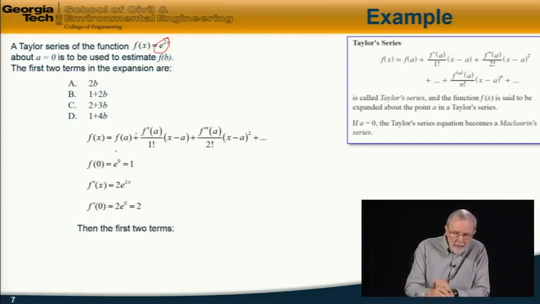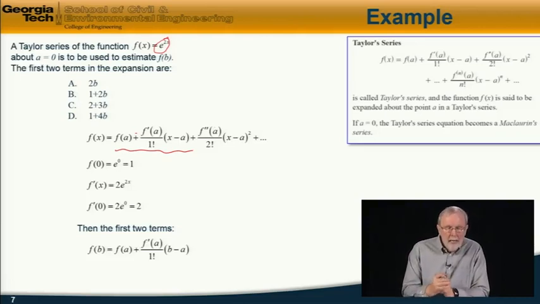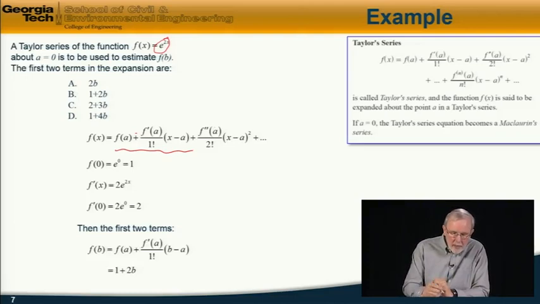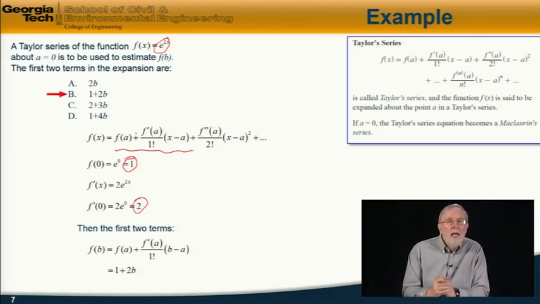So then we can evaluate these first 2 terms: f of a plus f prime of a over 1 factorial, times x minus a. f of a is equal to 1, f prime is equal to 2 divided by 1 factorial, and a is equal to 0. So the first terms are 1 plus 2x, and the answer is B.